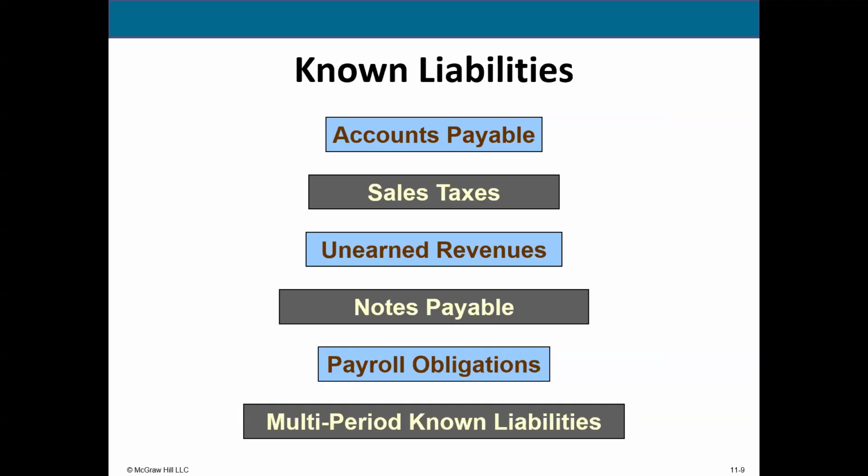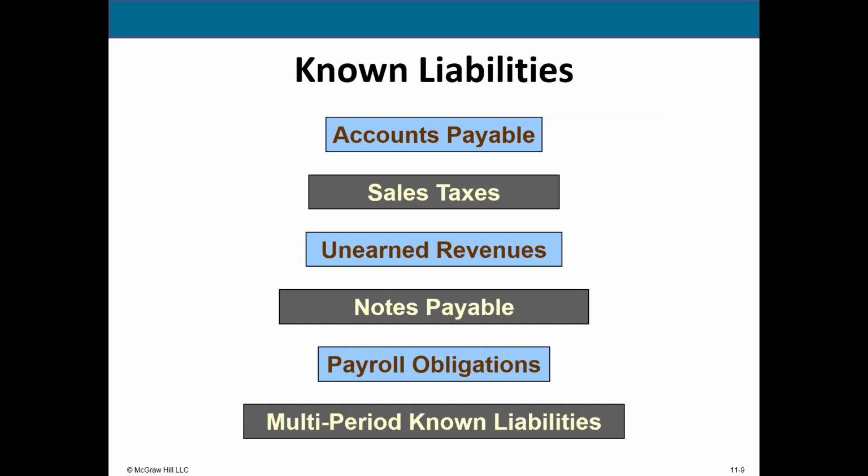That's called an account payable, right? Sales tax payable, very typical. If we're in the business of selling inventory, we collect sales tax from our customers. We have to pay that sales tax to the sales tax agency, right? So it's something I haven't paid yet.